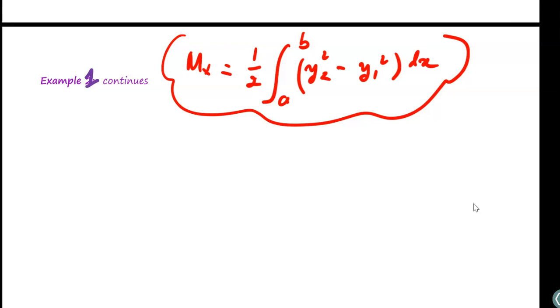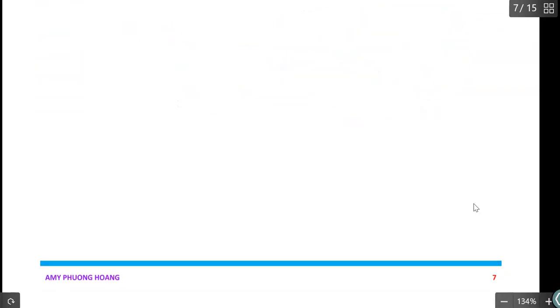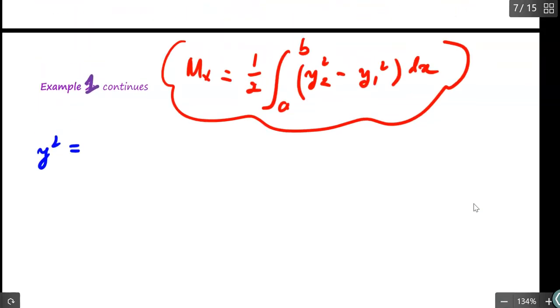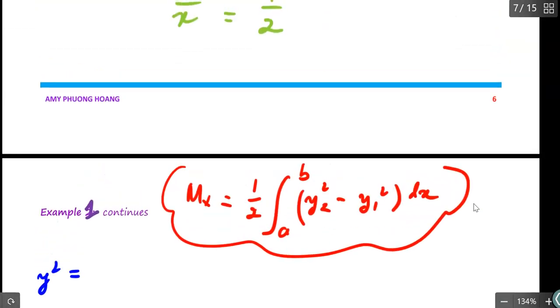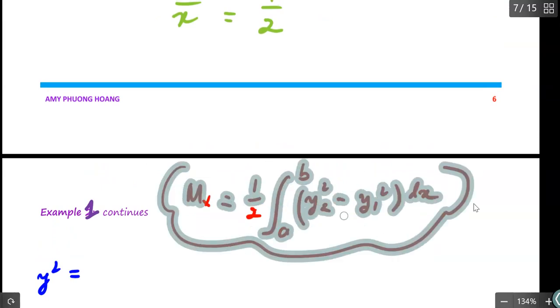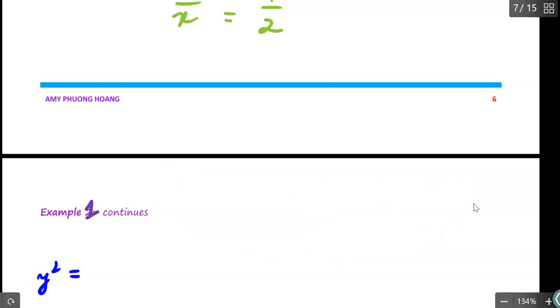All right. Okay, so let's find y2 squared. I just want to see if I give myself more space. Yeah, I don't think I did, so what I'm going to do is rewrite this on this page so I will have more space to work with.